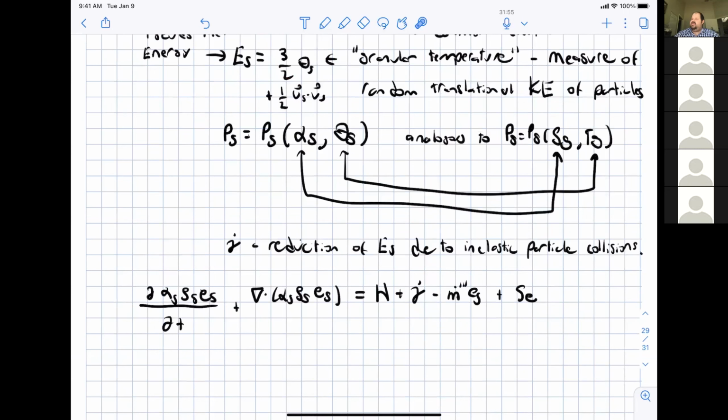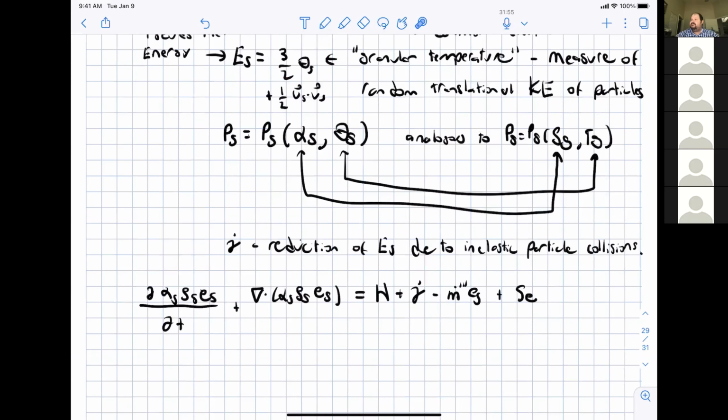You could imagine two particles smashing into one another, and a viscoelastic stress wave moving through them, which is eventually dissipated as heat inside the particle. Okay, so these are the equations for the particles.